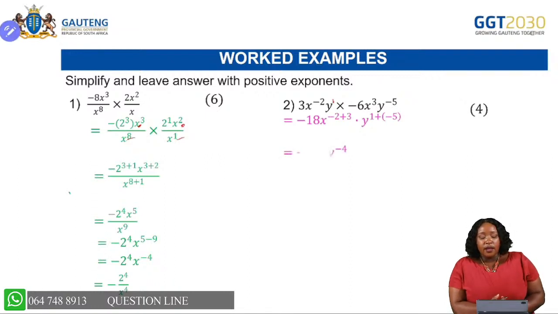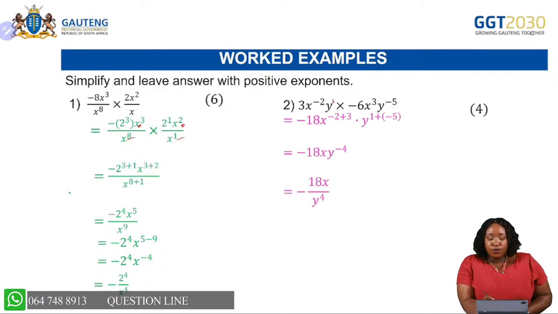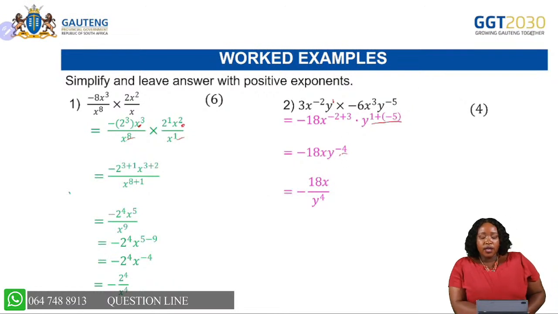Okay, and then from there, you keep your negative 18, negative 2 plus 3 is 1, and here 1 minus 5 gives you negative 4. Right, now with the negative 4, we want our exponent to be positive. Therefore, we move y to the denominator and we change the sign of the exponent. Okay, so your final answer is negative 18x divided by y to the 4.